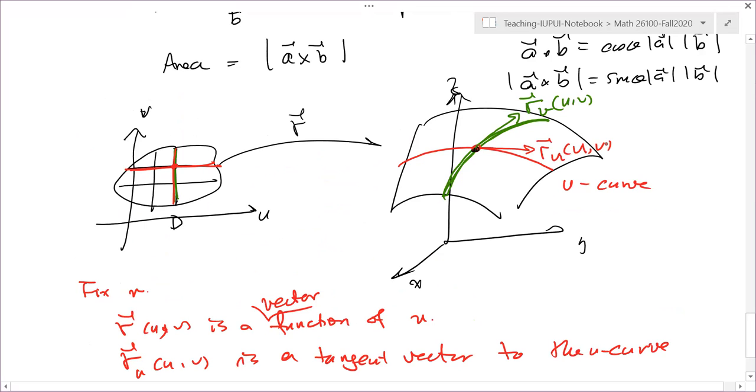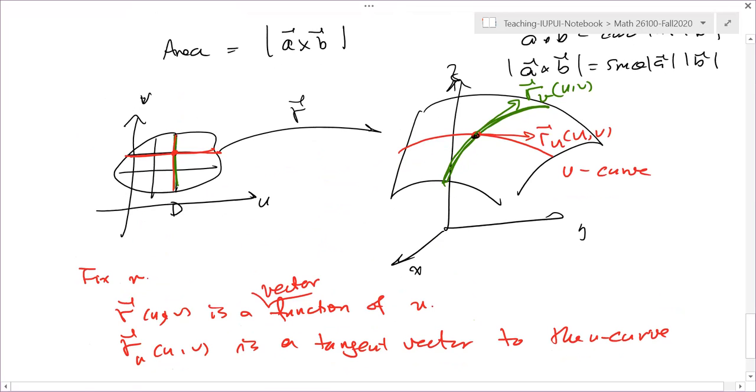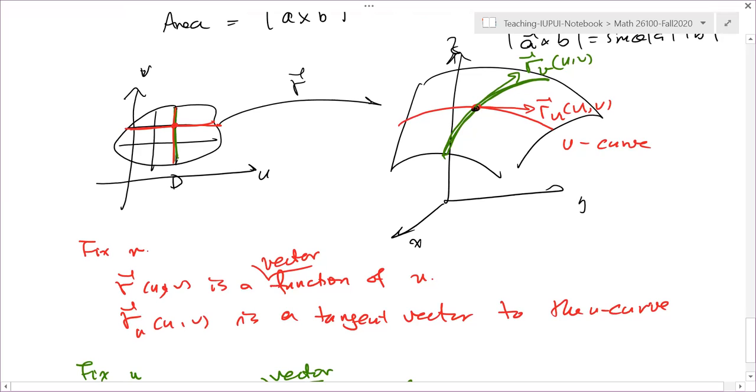Now, these two vectors, you can do a couple of things. One is you can use two vectors to find the tangent plane. Do you agree, right? So you can use just two vectors to find the tangent plane. Now, how do we find the tangent plane?